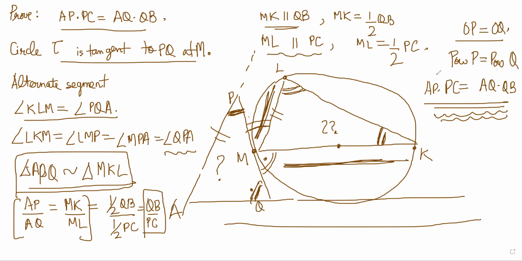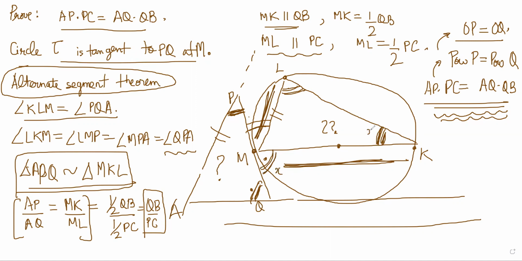Okay. So the idea here was that this alternate segment theorem is important, because without that you would not have gotten this angle equality. This equality was important here.